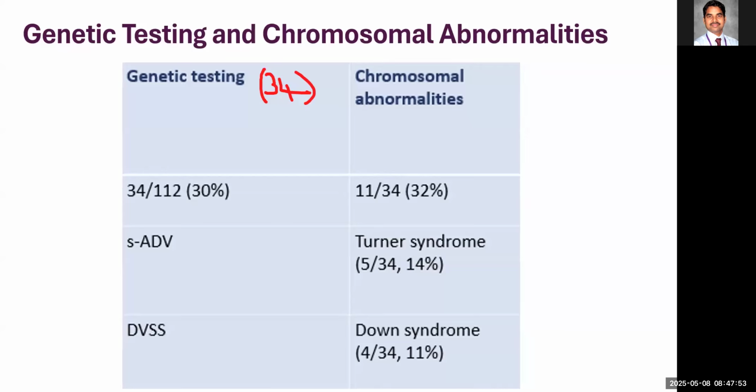In the DVSS category, there were 6 cases of abnormal outcome, of which 4 were Down syndrome, 1 was monosomy 16, and 1 was trisomy 16, sir.